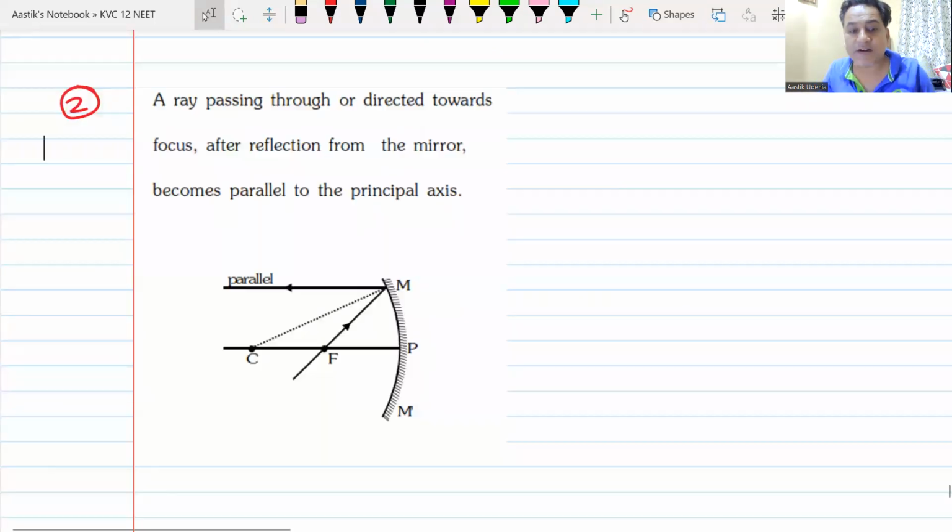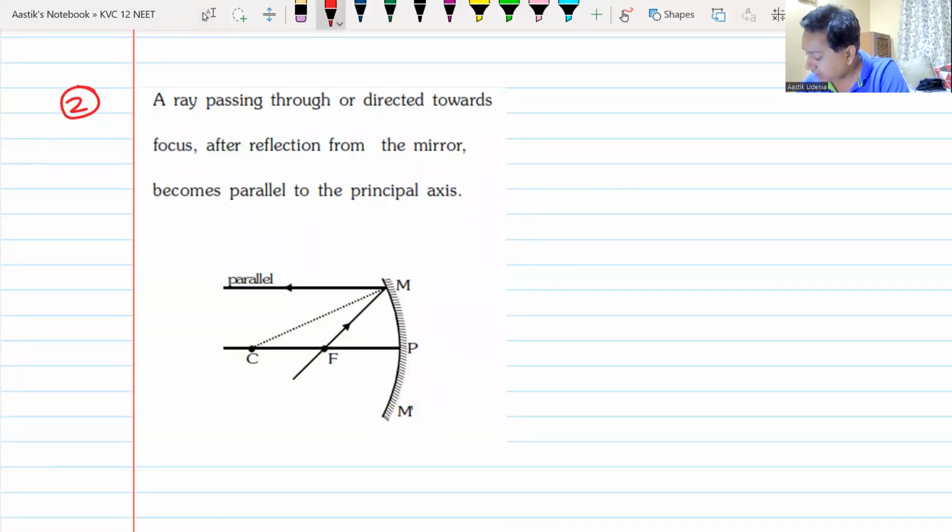In rule number 2, what will happen is the reverse of this: a ray of light which is passing through the focus, as you can see, after reflection will become parallel to the principal axis. So this ray is the reverse of the ray that we had seen. Everyone understands this? Yes or no? I hope everyone is understanding this.